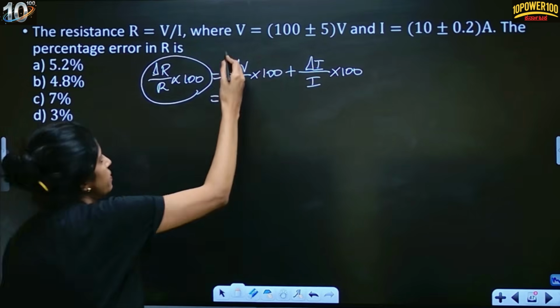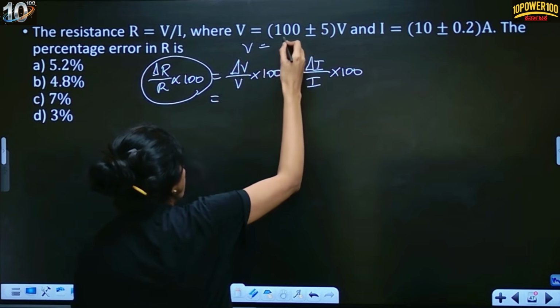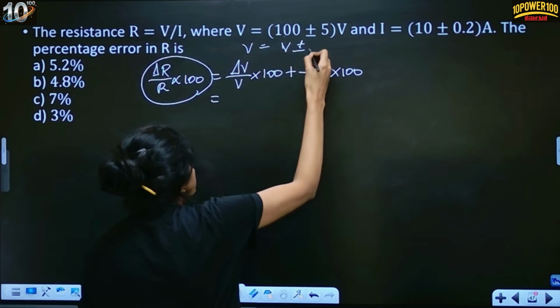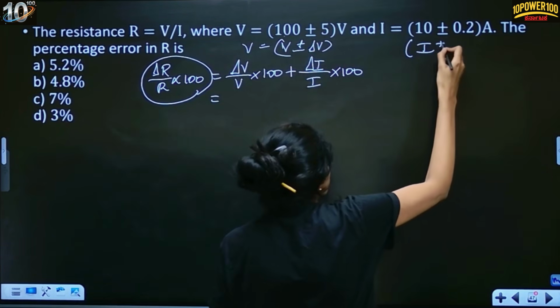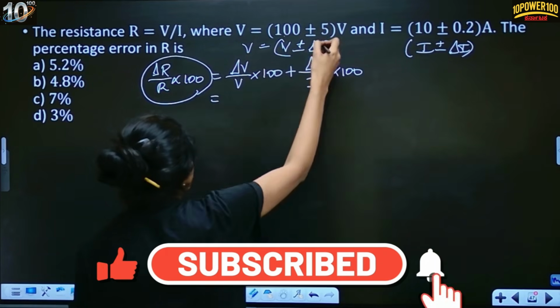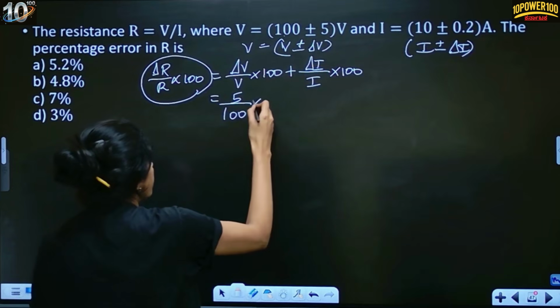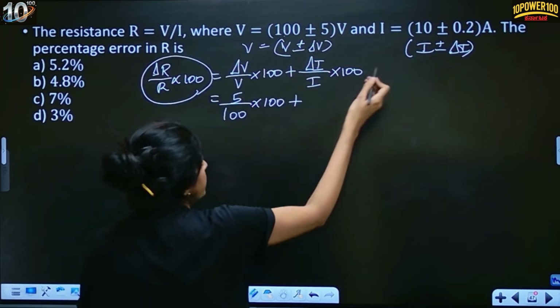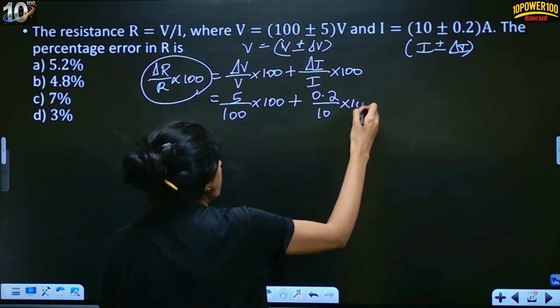So they've given this expression, V equals 100 plus or minus 5, where V is the original voltage, so the change in voltage is delta V. Similarly, I is 10 plus or minus delta I. Now what is delta V from this? Delta V by V is 5 by 100 into 100, plus delta I by I is 0.2 by 10 into 100.